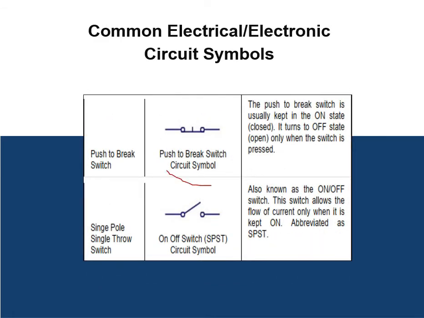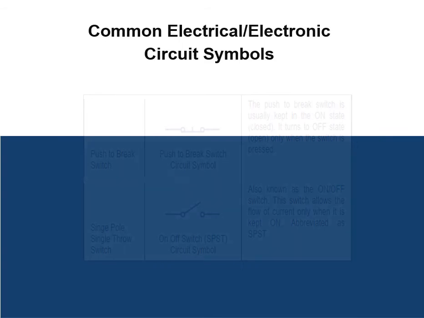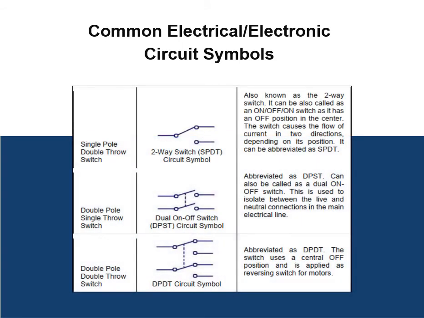Push to break switch and a single pole single throw switch, also known as the on-off switch. This switch allows the flow of current only when it is kept on. Sometimes it is called SPST, its abbreviation. Single pole double throw switch.